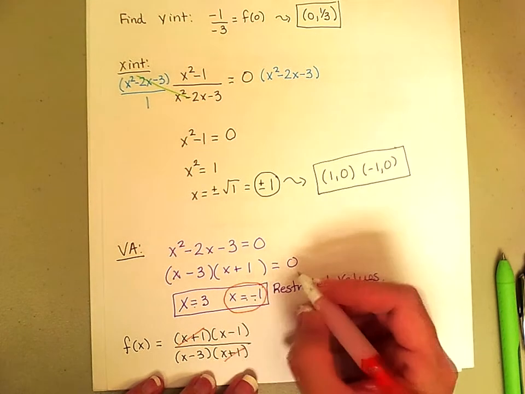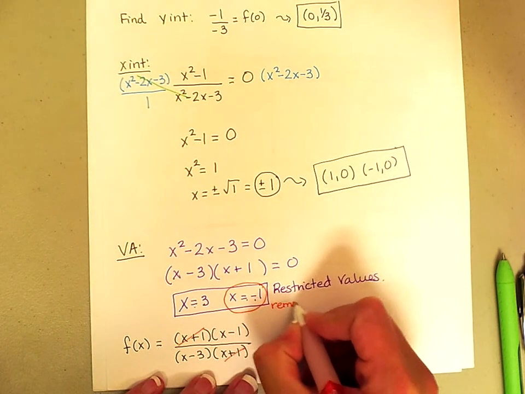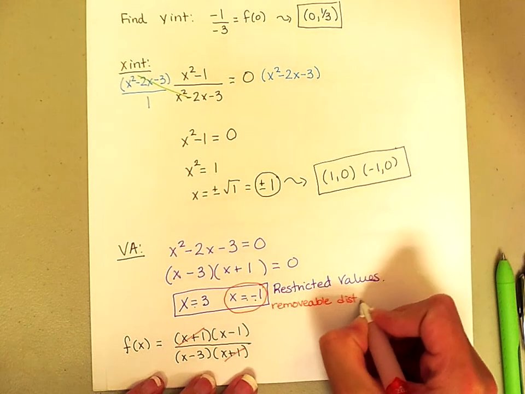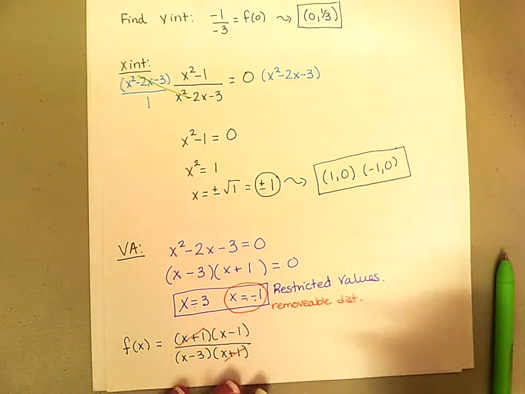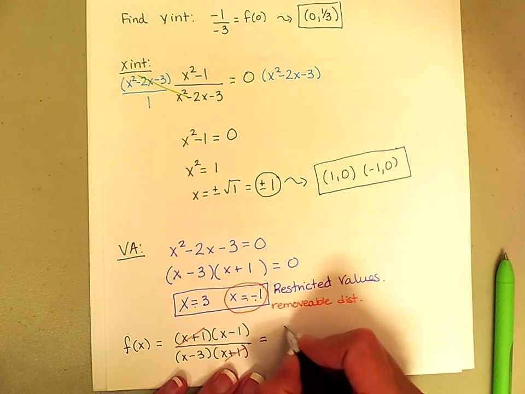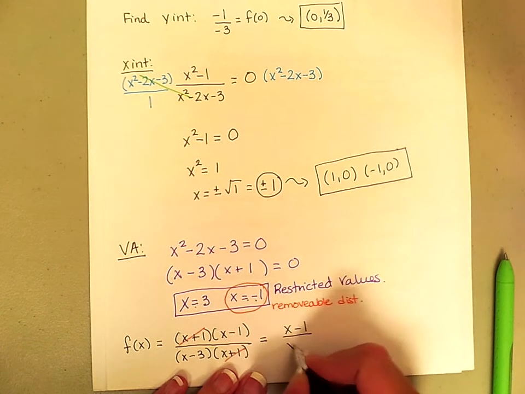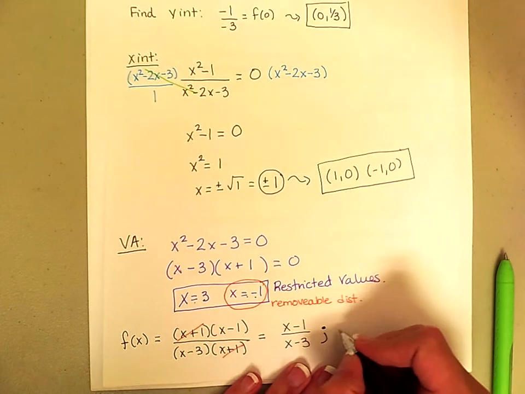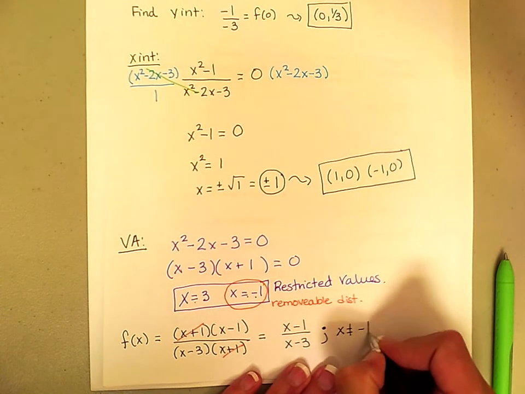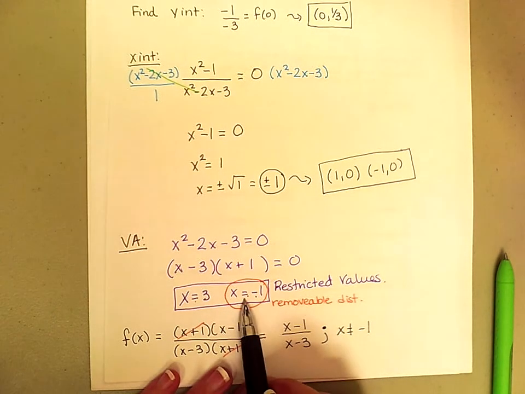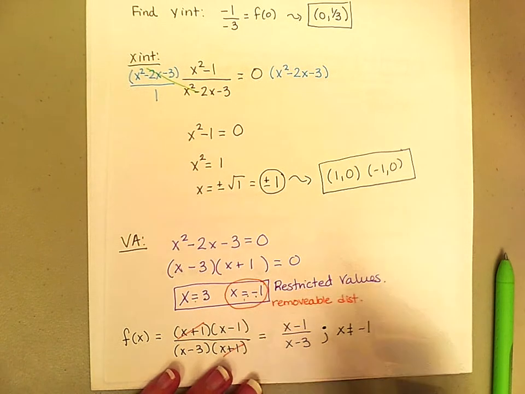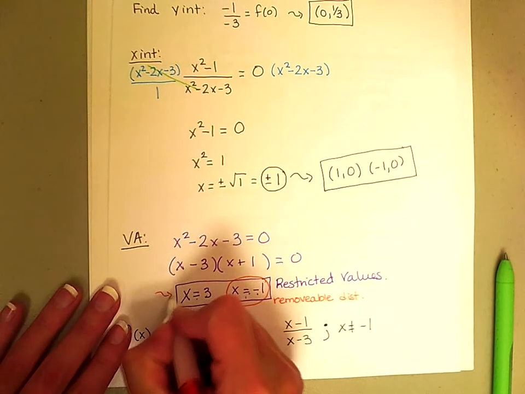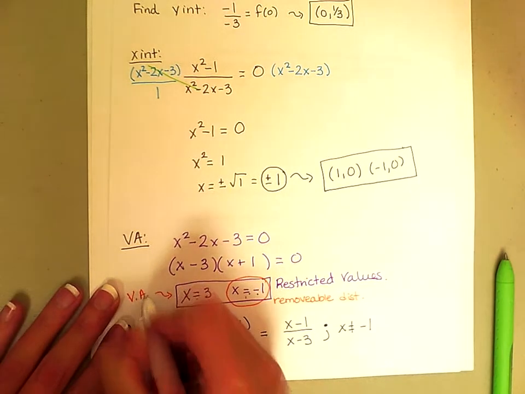And that will mean this is not a vertical asymptote, but this value will give us a removable discontinuity. Our simplified function is x minus 1 over x minus 3. We just have to have the caveat that x cannot equal negative 1, because that's where our removable discontinuity is. And this, then, is our vertical asymptote.